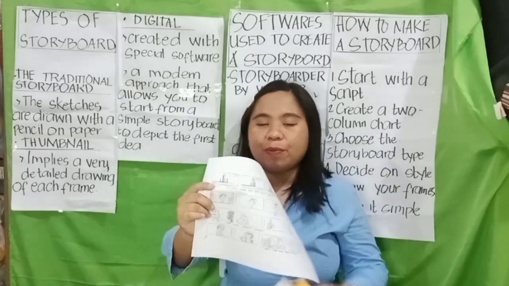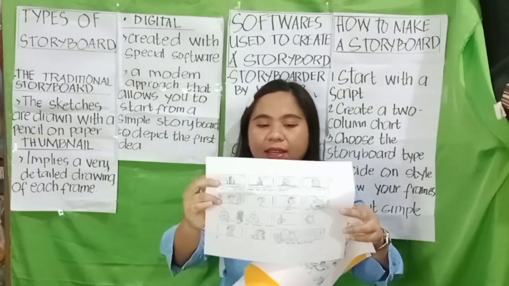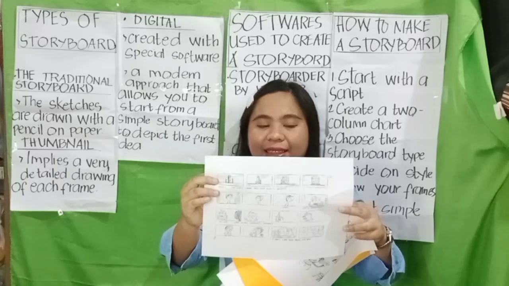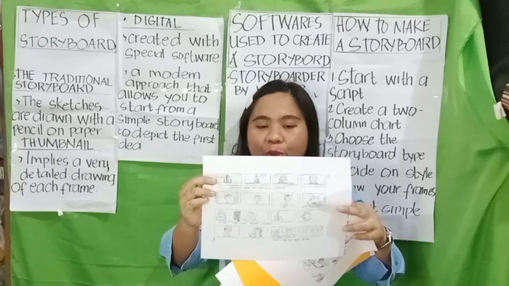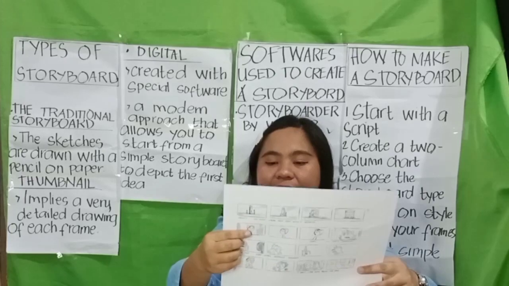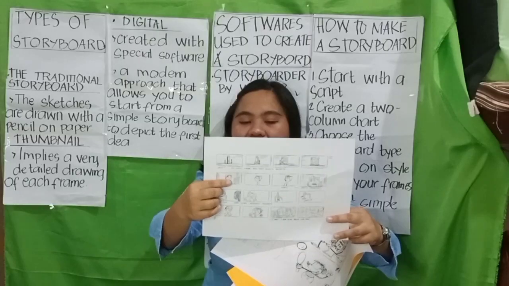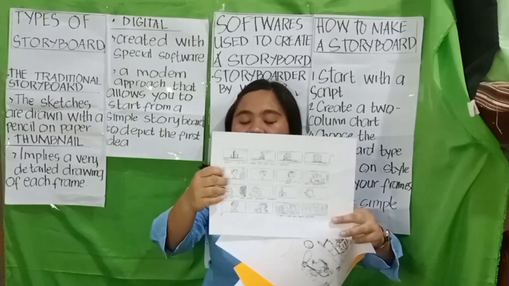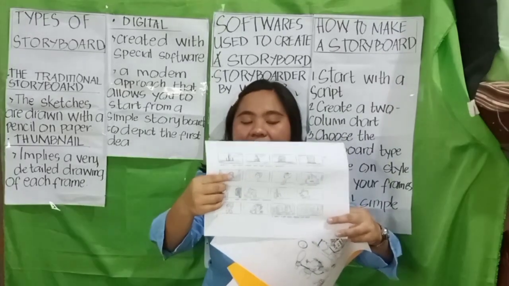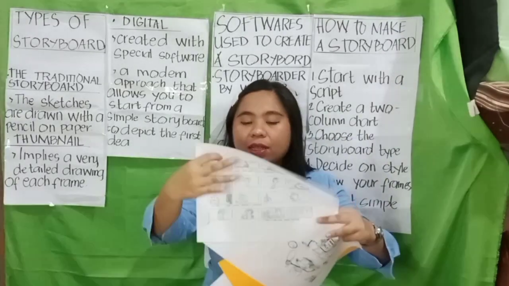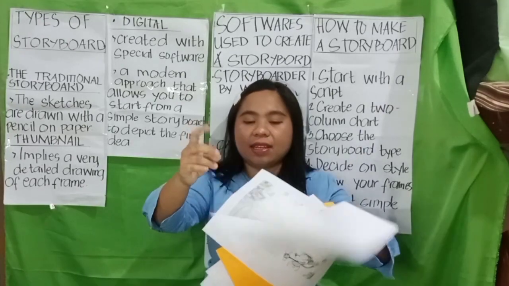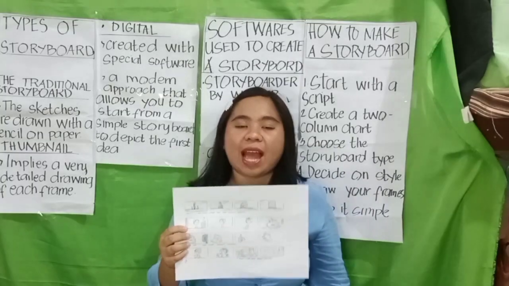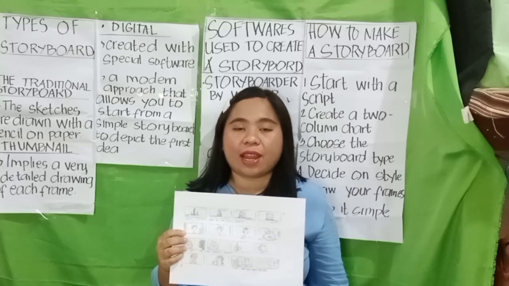Every movement is very detailed, like movement to movement to movement. Like this, the character here faces front, then looks to the side. This is also used by animators to figure out their ideas.